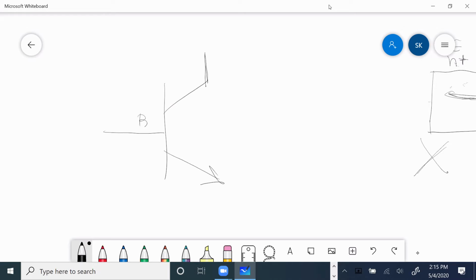This is base, this is collector, this is emitter. Collector base, reverse bias. Base emitter, forward bias. Thanks. Got it. Good.